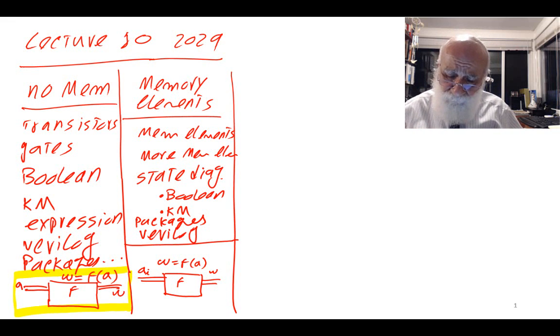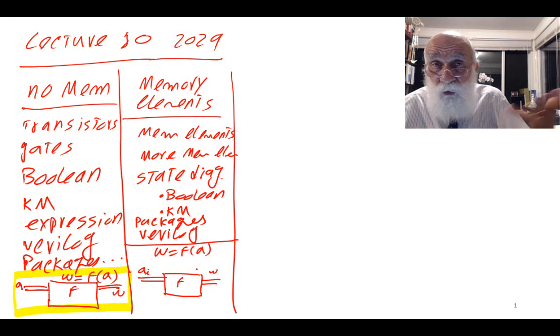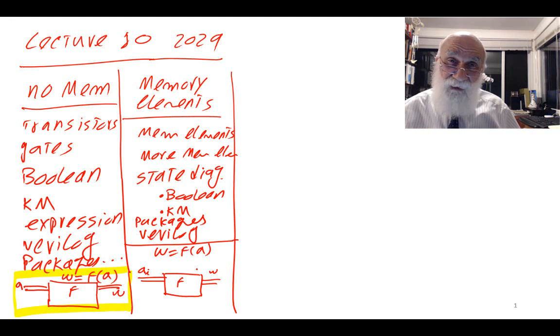But then you come in and apply some input to it today, like A_i, and you come up with W_i, W today, and then an hour later you apply the same exact input, A_i again, but then you see that your W is not the same as the output from 2 hours ago. Then you come in and give it another input a minute later.